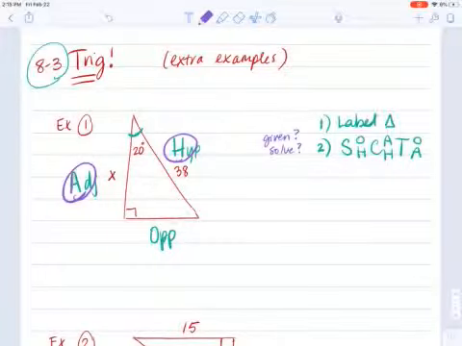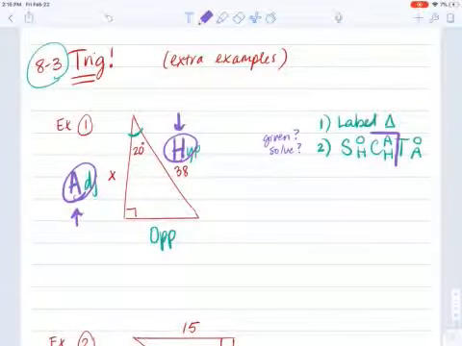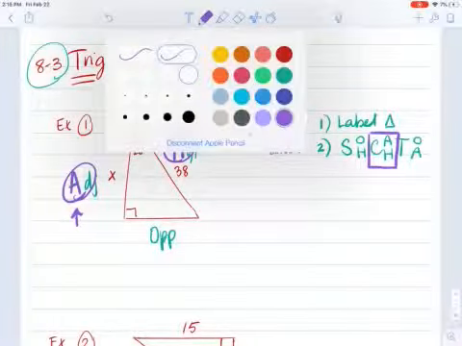So you see how I circled this A and this H right here. That tells me, out of my SOHCAHTOA, which sine, cosine, or tangent I want to use. It's A and it's H, which is cosine. Okay, so I know I'm going to be using cosine.